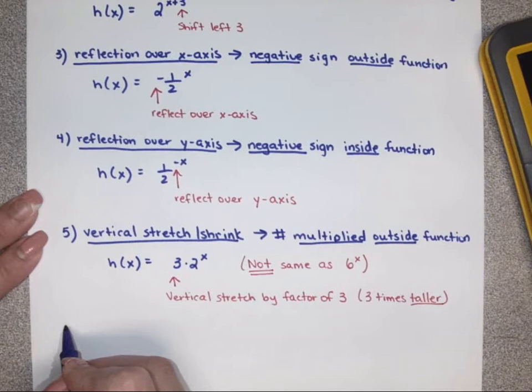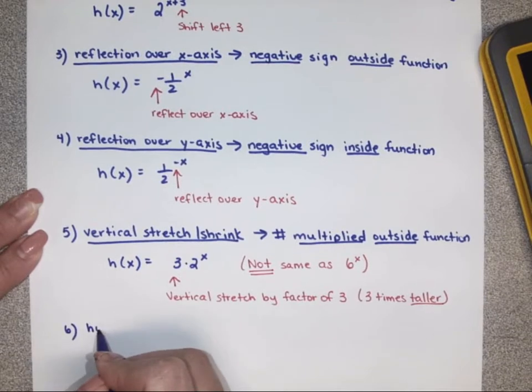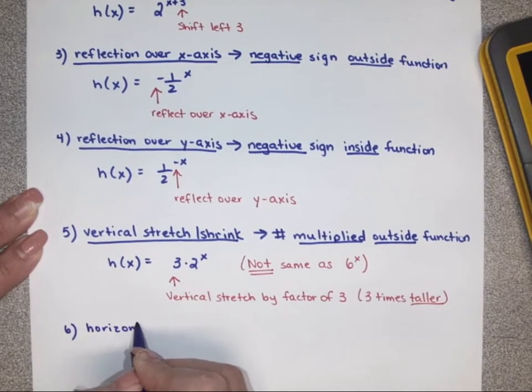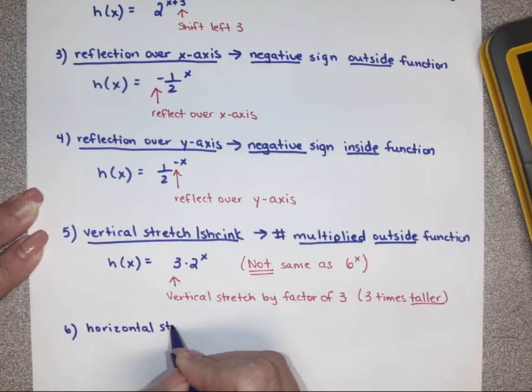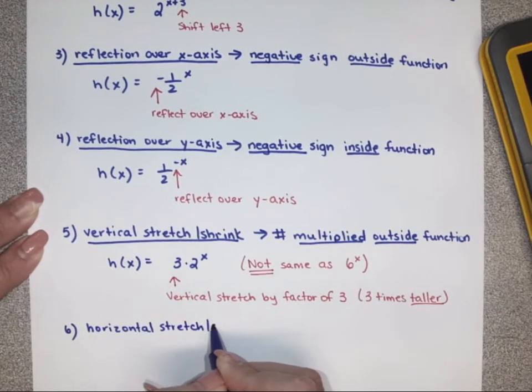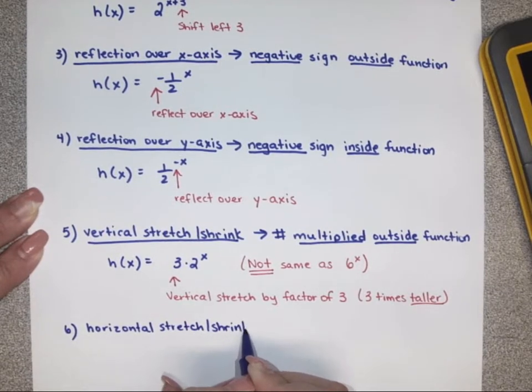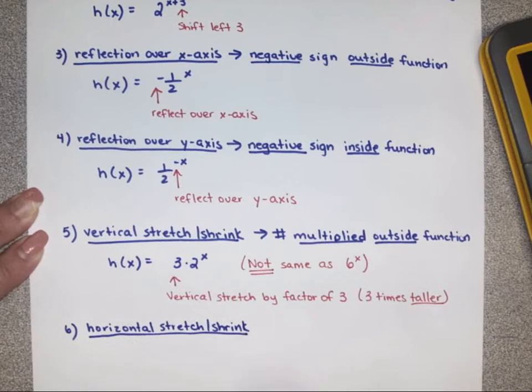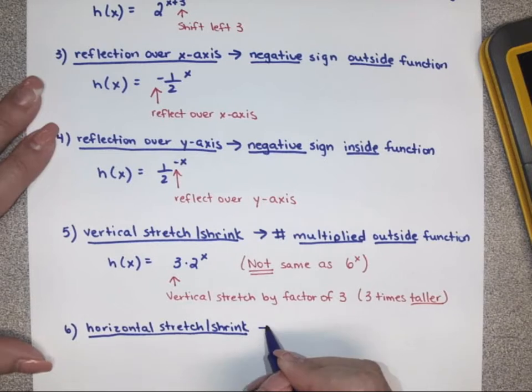So then the last type of change we can have is, of course, a horizontal stretch and shrink. Remember that horizontal changes are always what I call the oddballs. They don't really follow the rules. Remember, the shifting goes in the opposite direction of what we might have thought, and here we stretch or shrink maybe the opposite way of what we might have thought.